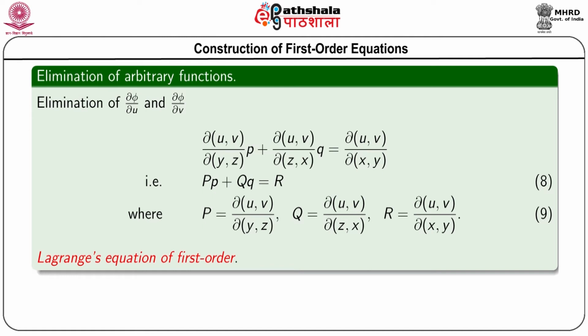The equation 8 is called Lagrange equation of first order. So, in this case we find a first order differential equation by eliminating the arbitrary function phi.